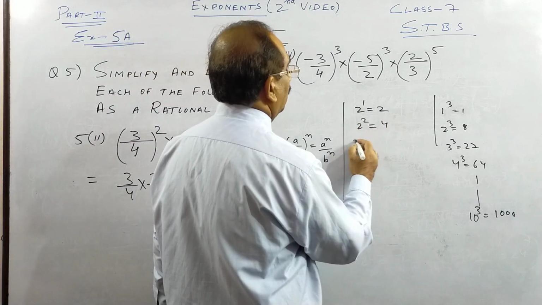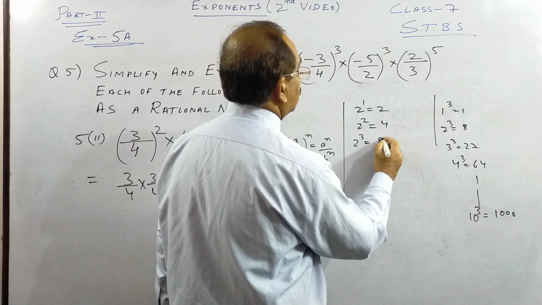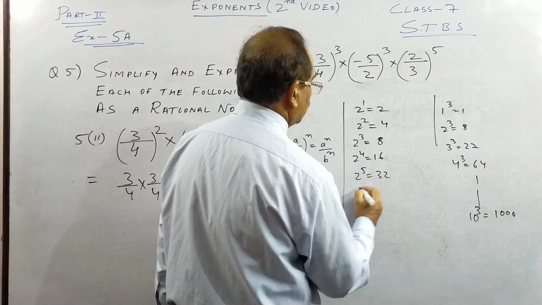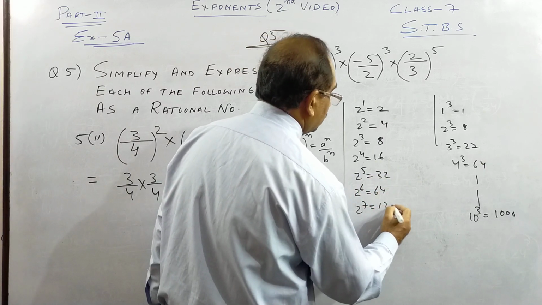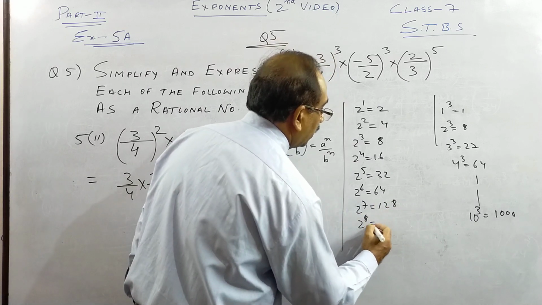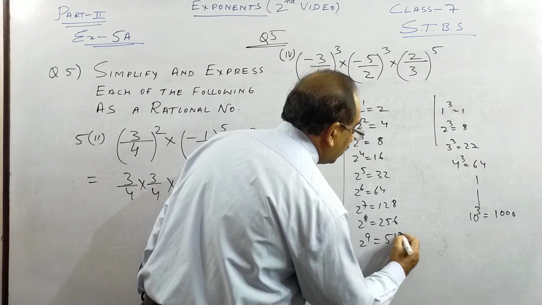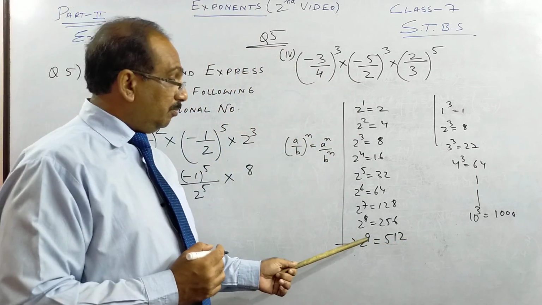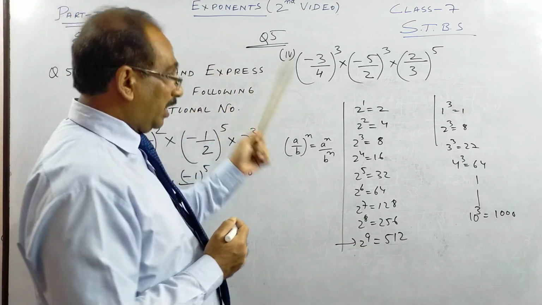So here one thing I missed out: 2 cube is 8, 2 to the power 4 is 16, 2 to the power 5 is 32, 2 to the power 6 is 64, 2 to the power 7 is 128, 2 to the power 8 is 256, then 2 to the power 9 is 512, children. This I have missed out in my first part of exercise 5a.